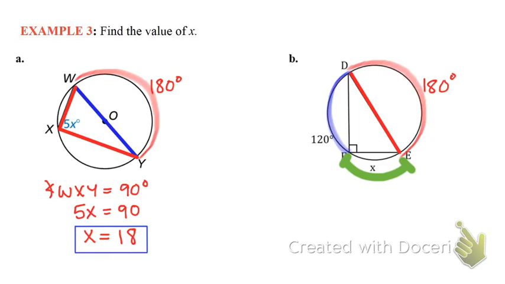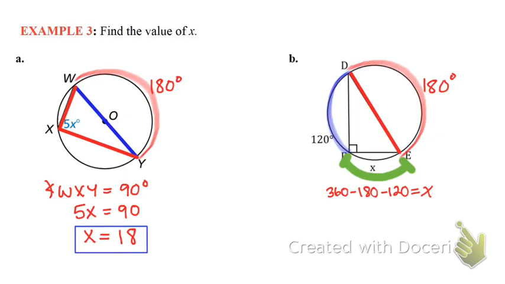So we've listed that DF is 120, and then FE is X, and then ED is 180. I bet you guys got it already. So what is X?